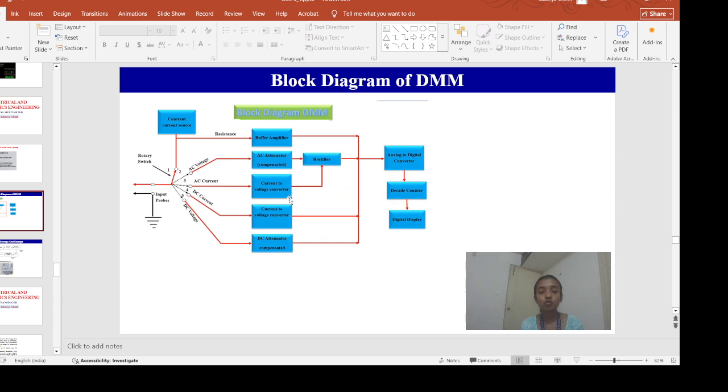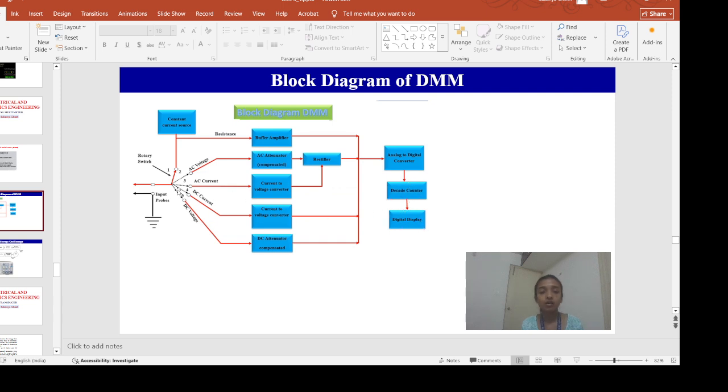This AC current is converted to AC voltage by the current to voltage converter. Then that AC voltage is given to the rectifier, which converts the AC voltage to DC voltage. As I told, this entire line is my DC. That DC voltage is given to the ADC, which generates the digital pulses, then the counter counts the pulses, and the value is shown on the display.